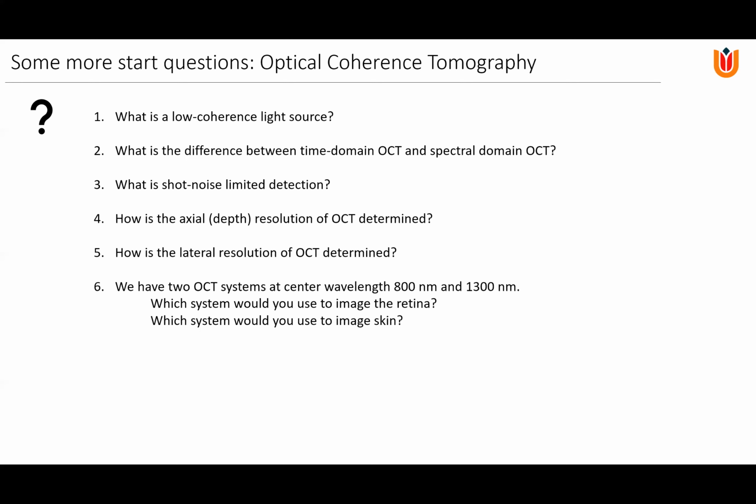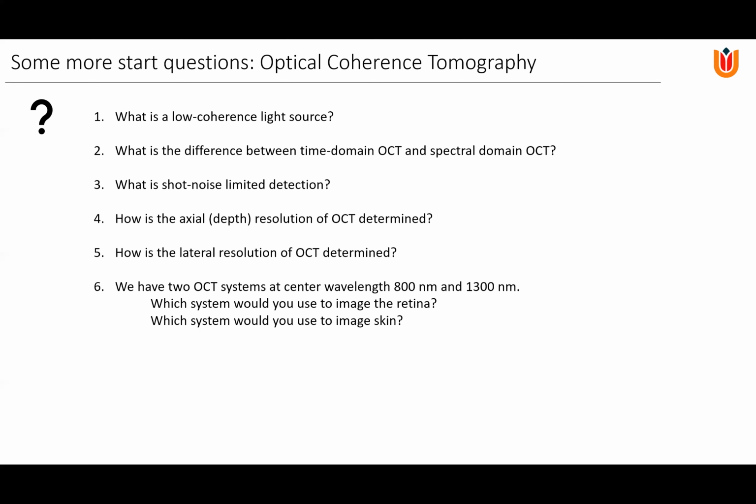So the light source would have a spectrum that looks like this. My best approximation of a Gaussian. The center would be lambda zero, and delta lambda would be the full width at half maximum.